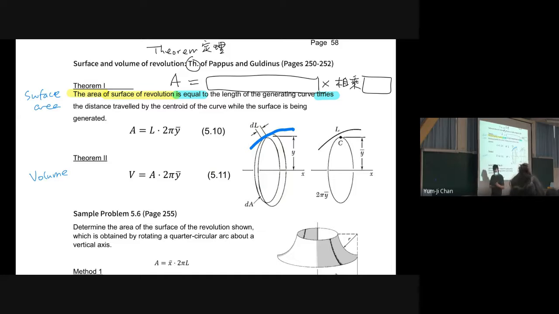So in this text, this path is called the generating curve. Generating curve is this one.